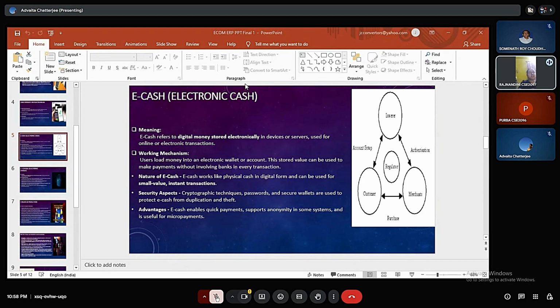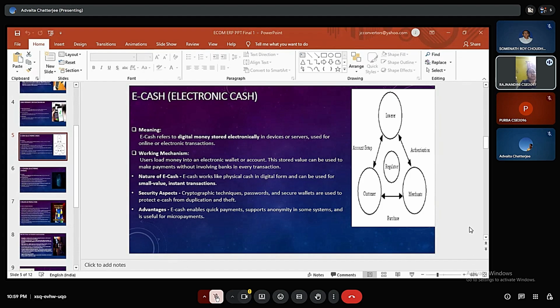E-cash or electronic cash. E-cash refers to digital money stored electronically in devices or servers, used for online or electronic transactions. Its working mechanism is that users load money into an electronic wallet or account. This stored value can be used to make payments without involving banks in every transaction.